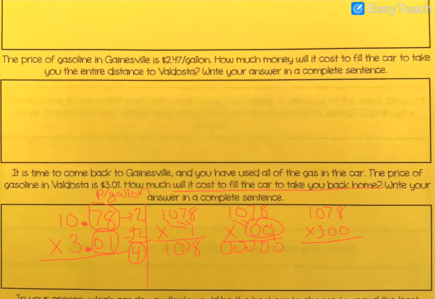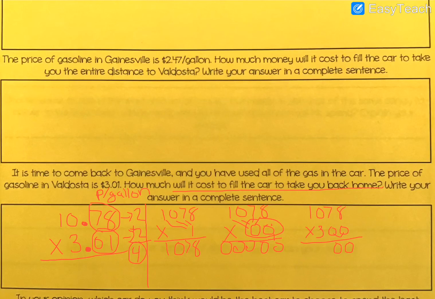Now, the last one that we're going to do is 1,078 times 300. Bring both of those zeros down as if they're your placeholders. Again, this partial product strategy makes it so that you don't have to remember to use your placeholders. It's already embedded into your answers when you use the partial products method and multiply by place value.